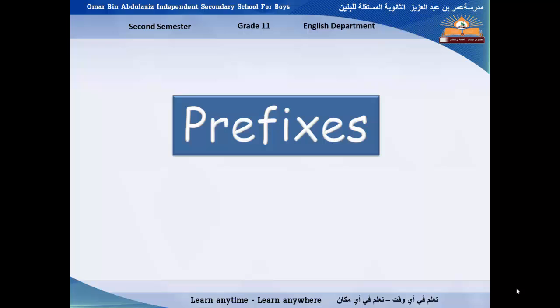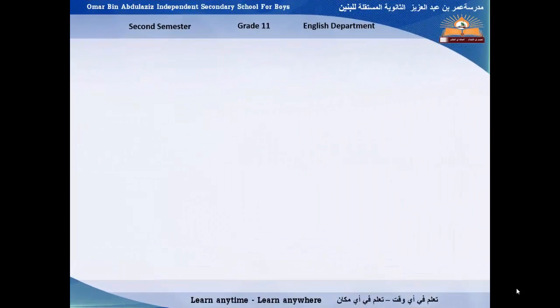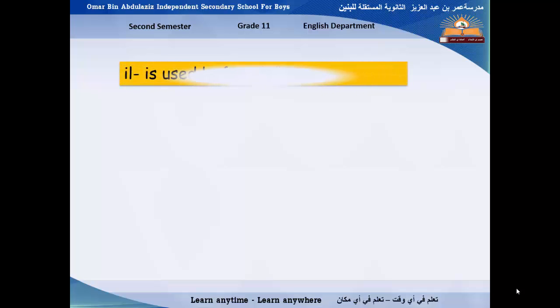Secondly, we are going to start a new lesson, which is prefixes. What are prefixes? Prefixes are words or parts of words that precede other words to change their meanings. The prefix il is used before words that start with l.